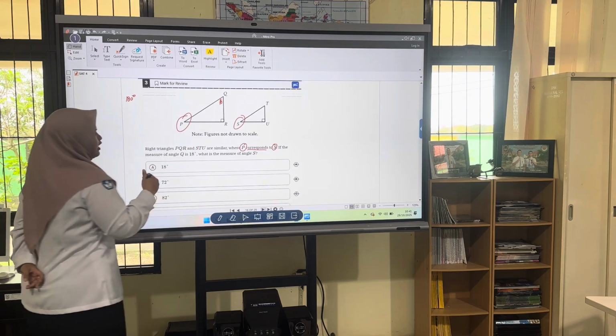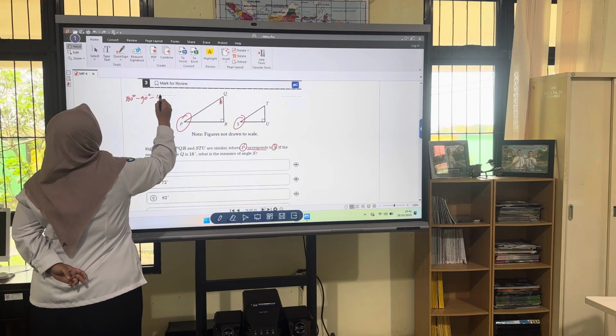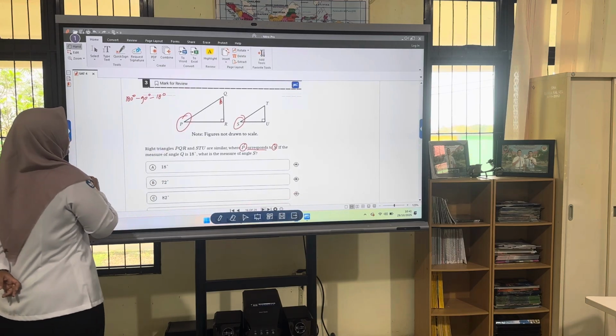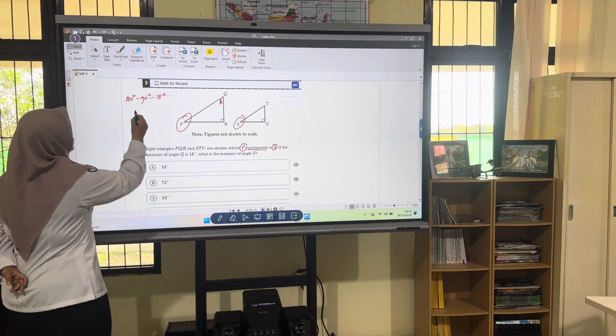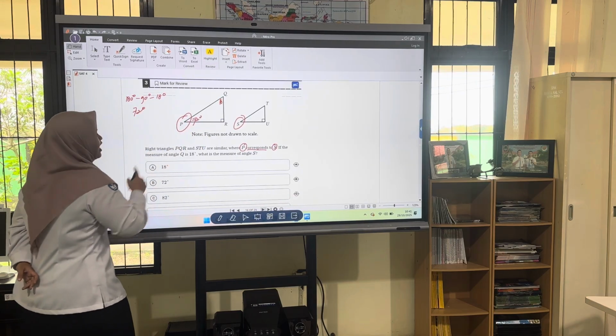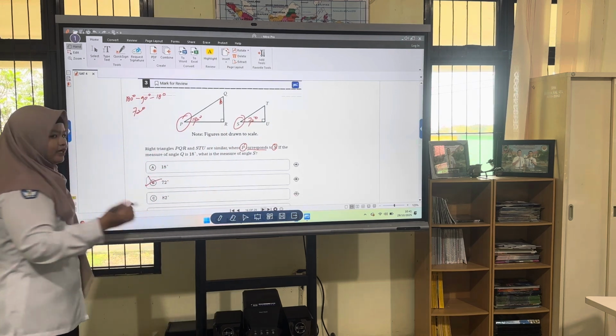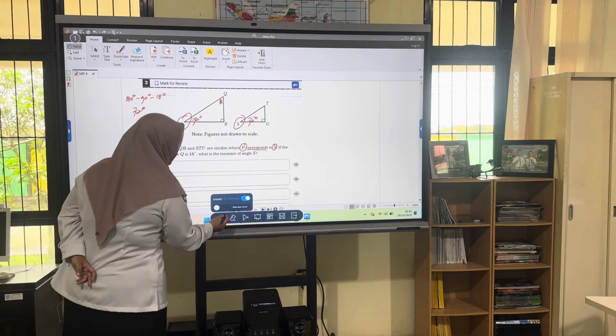Because there is a right angle at R, you subtract 90 degrees and then 18 degrees, so you get 72 degrees for the angle of V. That means the angle of S is also 72 degrees. So the answer is clearly B. And then we will continue.